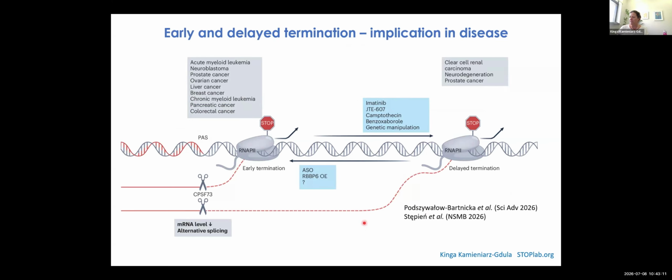If you haven't seen it, I really encourage everyone to read. I think it's a really important paper showing that already after 1 hour of treatment with this drug, the very first molecular event that happens is actually delayed termination, and changes in gene expression, other changes happen later on.